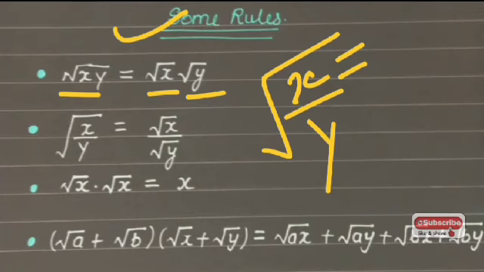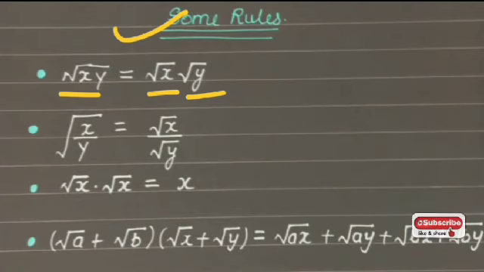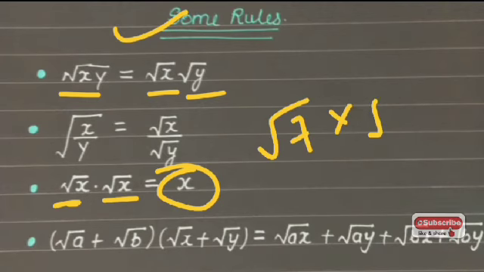And the most important thing, if you want to learn, just take it for granted that root x into root x is x. Means basically if you have two same numbers with the root, like in the previous example we saw root 7 into root 7 became 7.